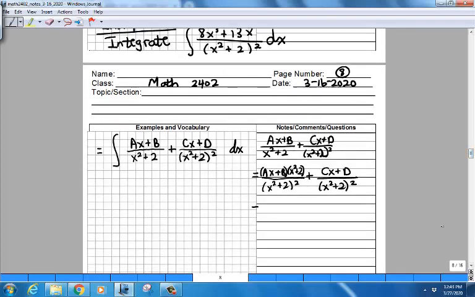So when I add these two fractions together, I get x squared plus 2 squared in the denominator, and divided into it, ax plus b times x squared plus 2 plus cx plus d.